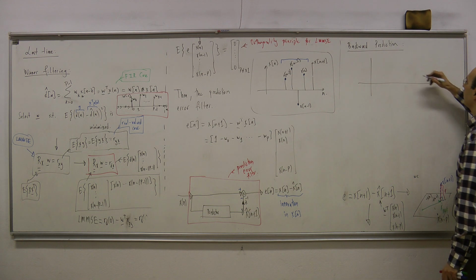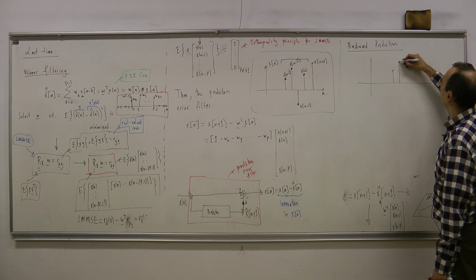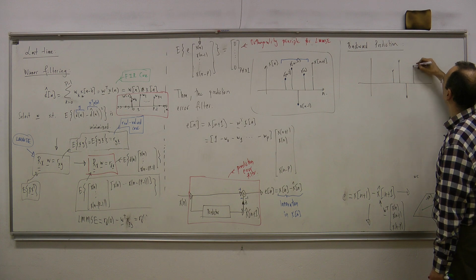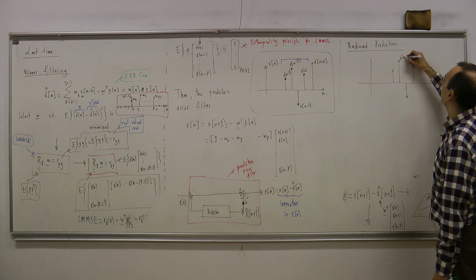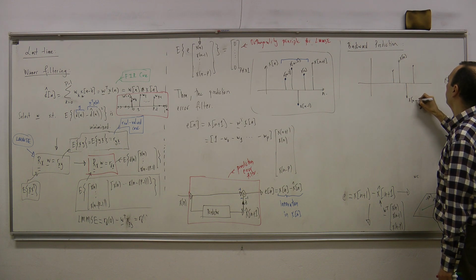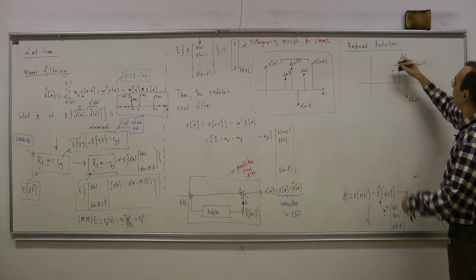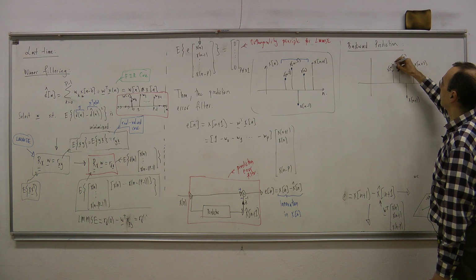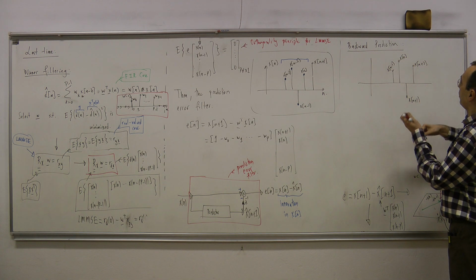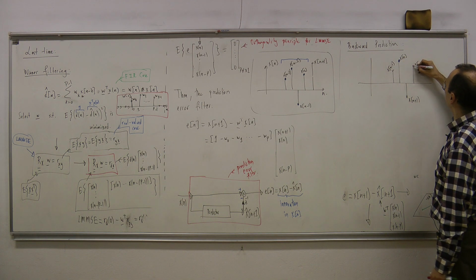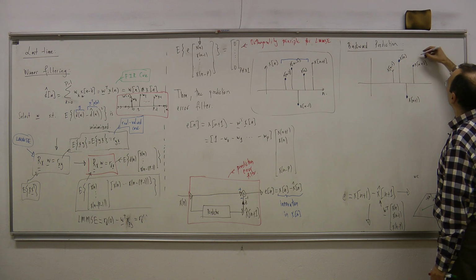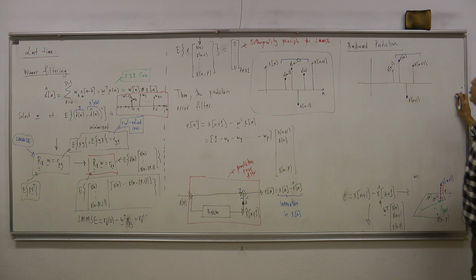Now I'm using x of n, x of n plus 1, x of n plus 2 to predict, let's say, x of n minus 1. So now I have the information about these samples. So this is an anti-causal operation, and I'm trying to predict this one, the question mark.